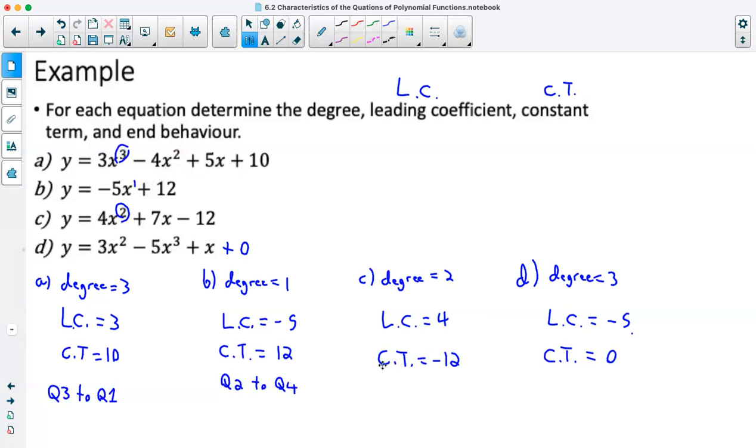Next one, we have even degree. It's a quadratic. We have a positive coefficient, so it's going to start in Q2 and end in Q1. This next one, we have a quadratic that's a negative leading coefficient, so that is going to start in Q3 and end in Q4.